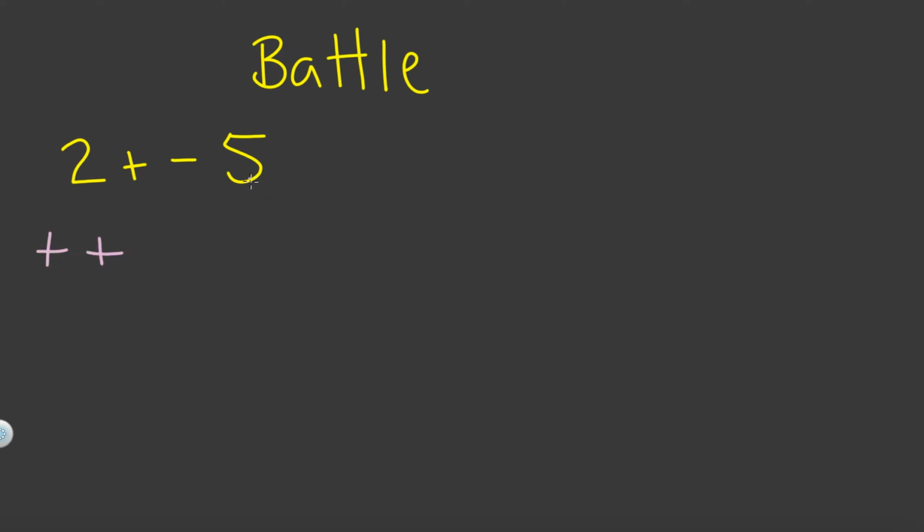The battle is when the signs are different. So in this case, we have 2 positives here. We've got 5 negatives. 1, 2, 3, 4, 5. Now, we can look at this closely. A positive matched with a negative cancels each other out.